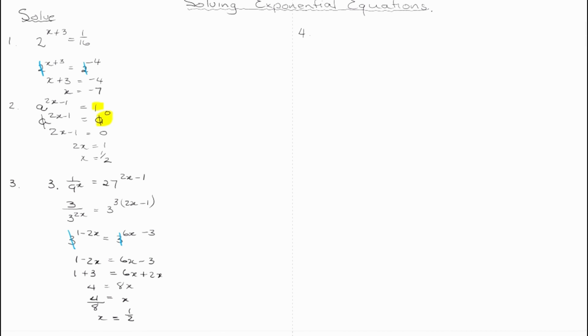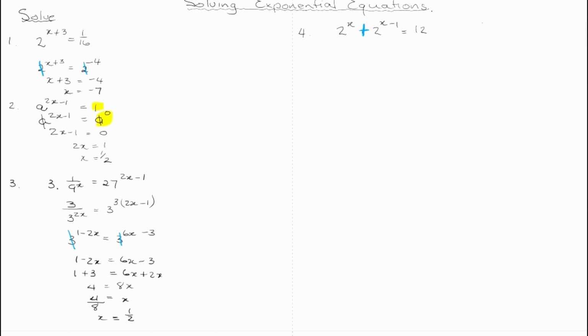Number 4, 2 to the x plus 2 to the x minus 1 equals 12. From what we did earlier in a previous lesson, adding and subtracting in all sorts of parts of maths is much more difficult.